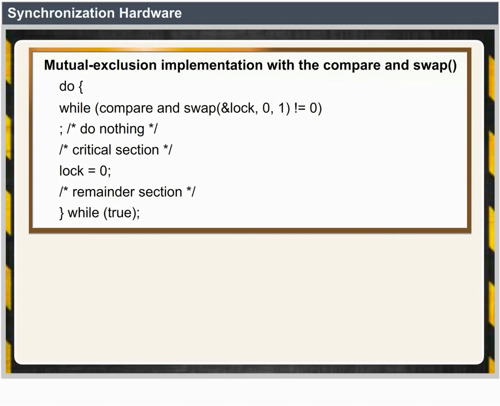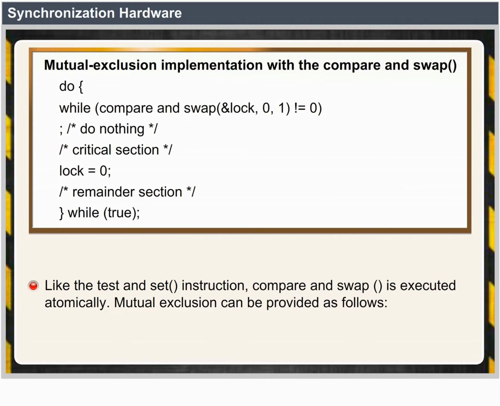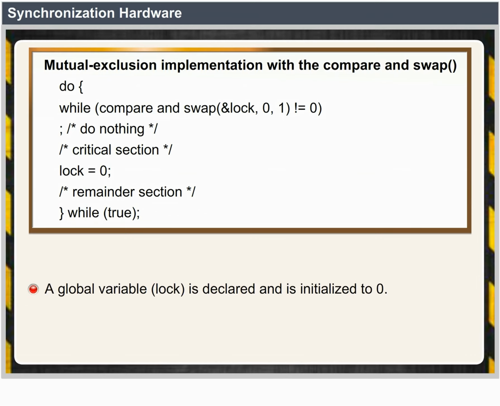Like the test and set function instruction, compare and swap function is executed atomically. Mutual exclusion can be provided as follows. A global variable, lock, is declared and is initialized to 0. The first process that invokes compare and swap function will set lock to 1.